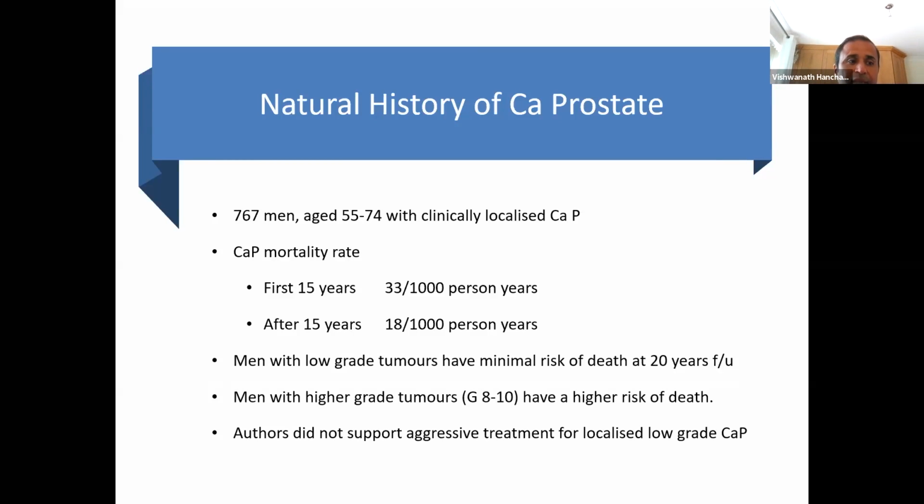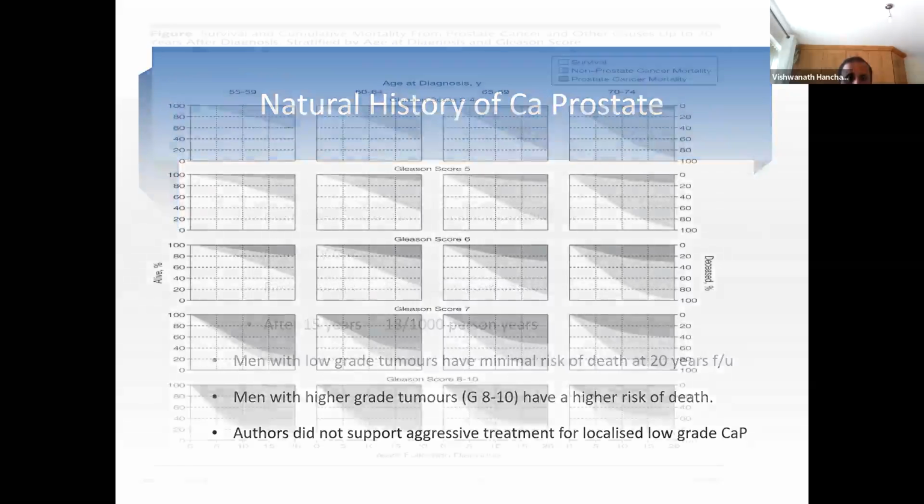On the other hand, men with Gleason 8 to 10 cancers have a higher risk of death. So that's the reason the authors suggest that low-risk cancer should be offered active surveillance. At the same time, high-risk cancer shouldn't be included in the surveillance protocol.